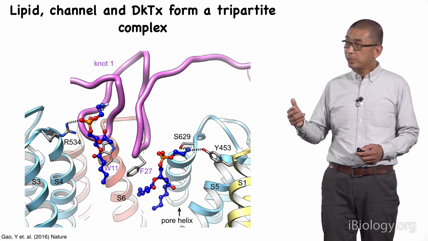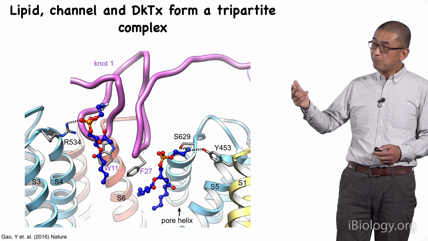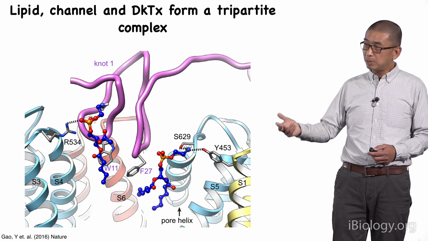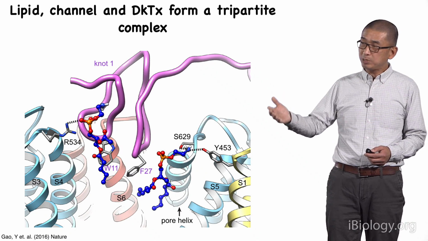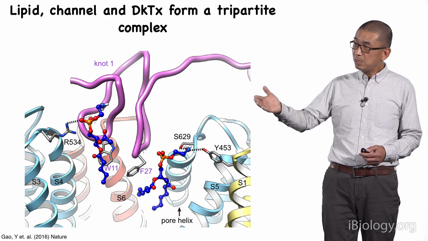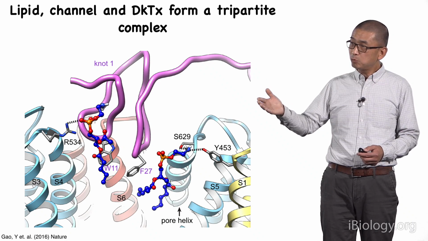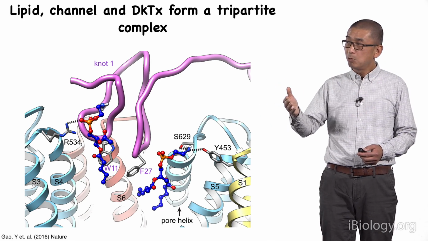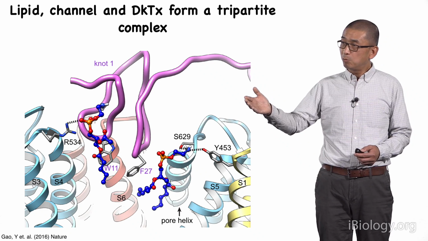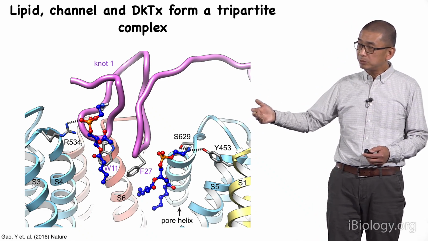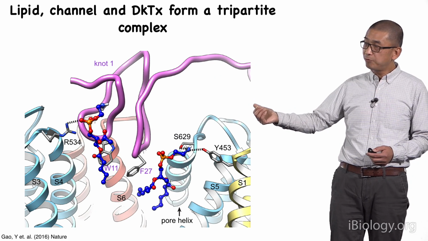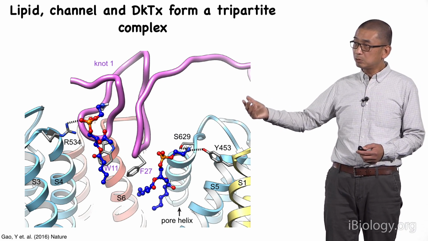For example, we can now see that this toxin binding to the channel is really stabilized by the presence of this lipid. You can see that this lipid has its head group forming an interaction with the channel protein, and its hydrophobic tail forms a hydrophobic interaction with the hydrophobic part of the toxin.